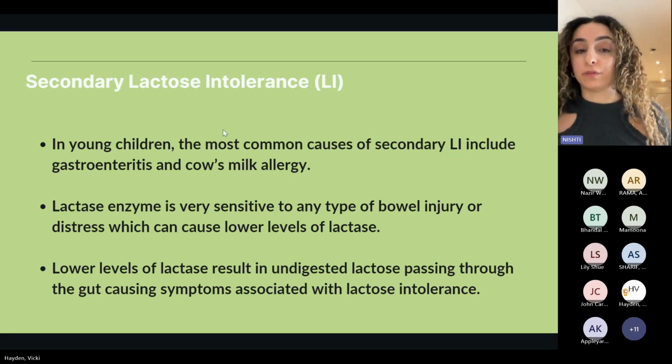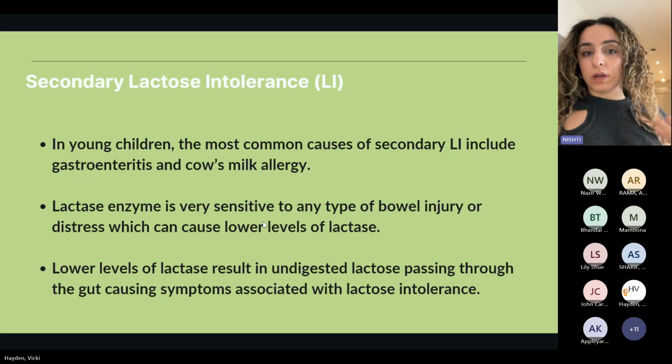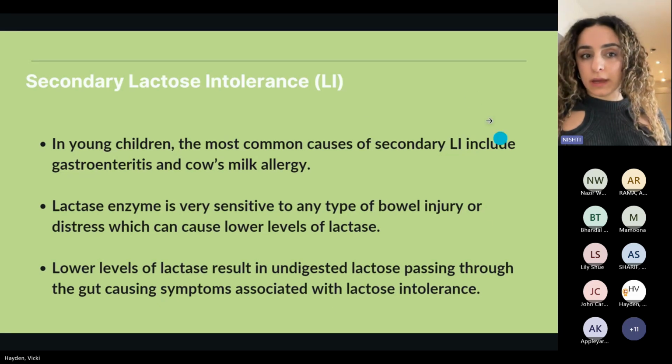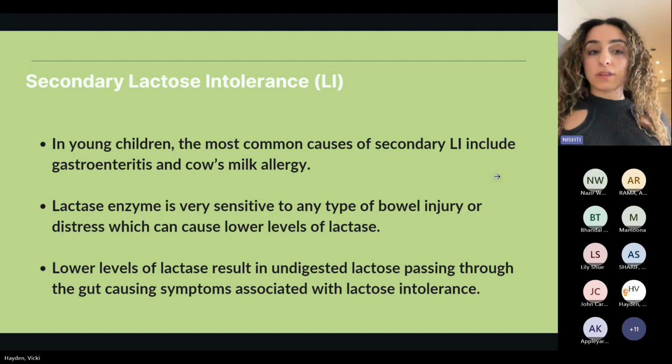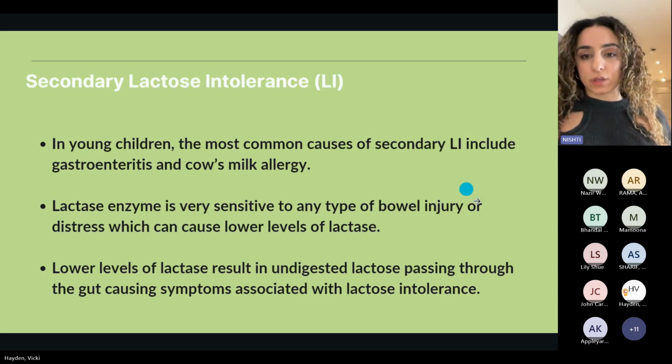So for a child with, for example, cow's milk allergy who's had diarrhea, they will most likely also have some type of bowel injury and distress, which can cause lower levels of lactase. And obviously, lower levels of lactase result in undigested lactose passing through the gut, causing symptoms associated with lactose intolerance. Next slide, please.